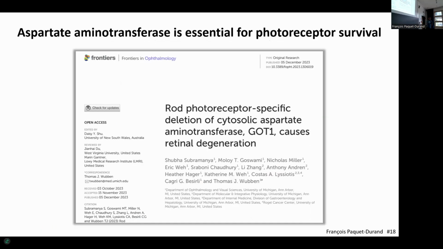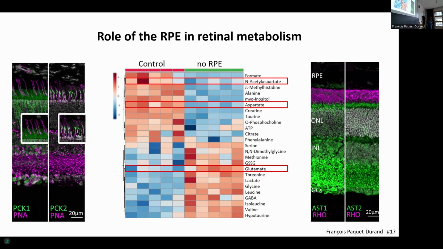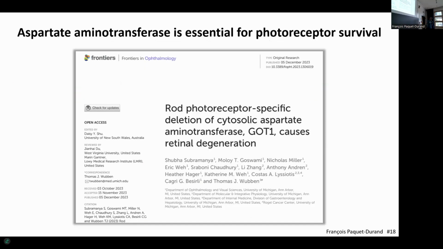And going back to this diagram, one thing that came out in 23 was that this aspartate aminotransferase is actually important for photoreceptor survival.